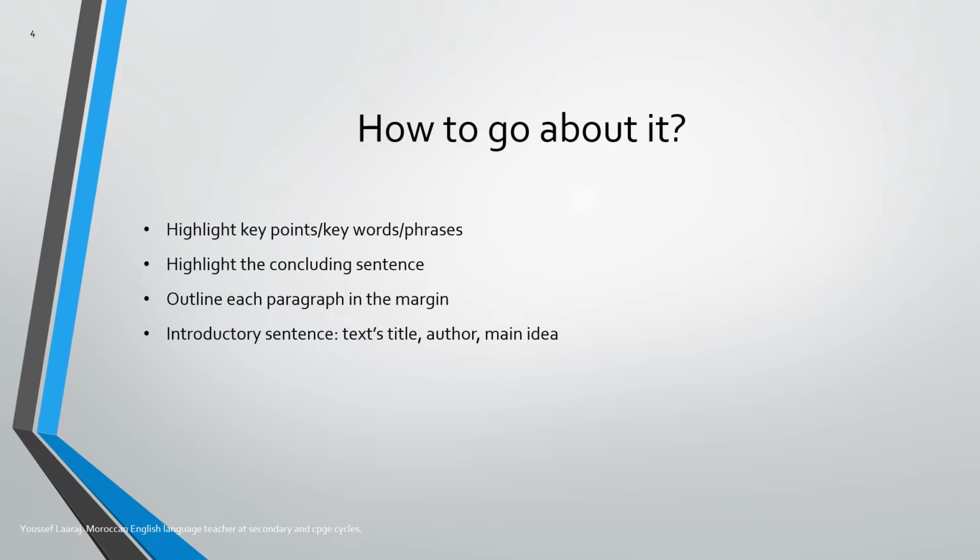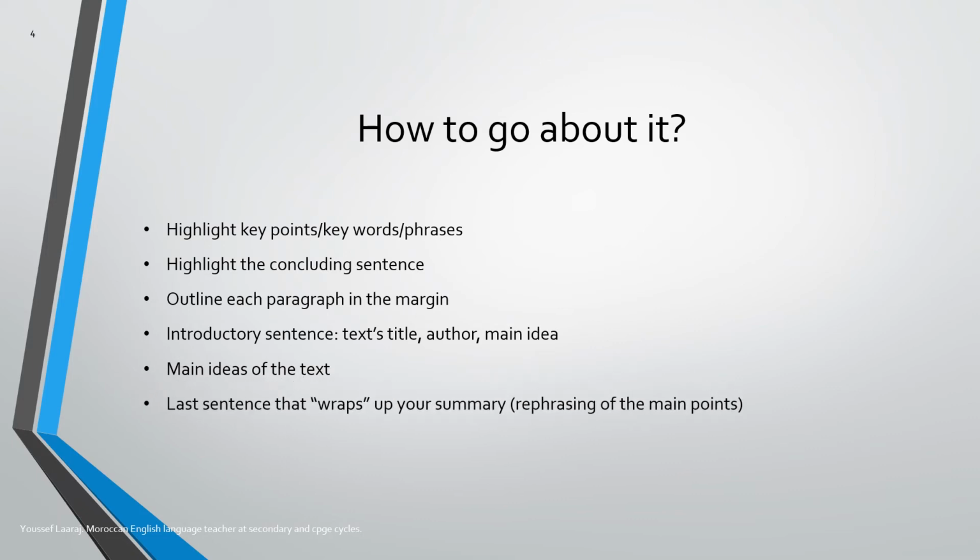It may be a reading or a motion picture or a listening whatsoever. So we have a main idea of the whole thing, and we have main ideas of each section. Then a last sentence that wraps up your summary.